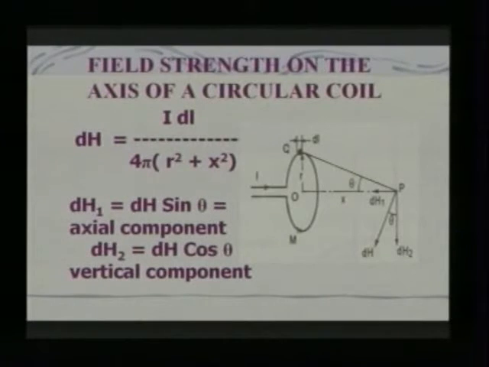Therefore, the dH can be resolved into two components, that is dH1 and dH2. Here dH1 is equal to dH sin theta, which is the axial component, and dH2 is equal to dH cos theta, that is the vertical component.